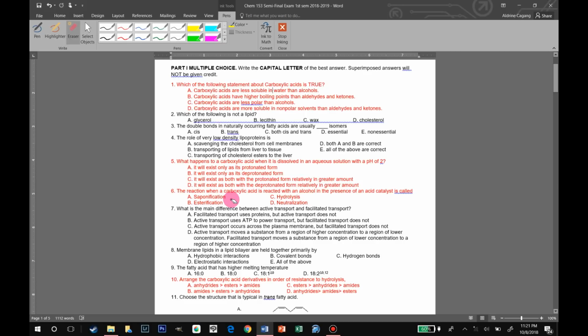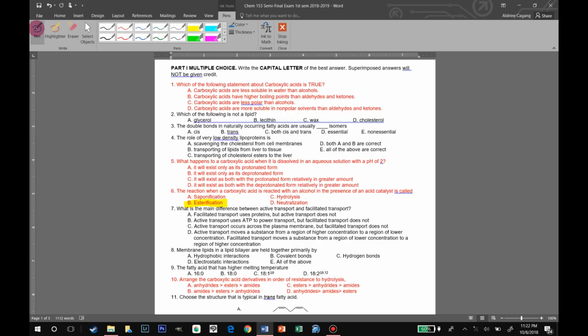Okay, number 6. The reaction when the carboxylic acid is reacted with an alcohol in the presence of an acid catalyst is called... So this process is a simple trivial fact that is going to refer to the process of esterification. So you should be able to answer this one with conviction.